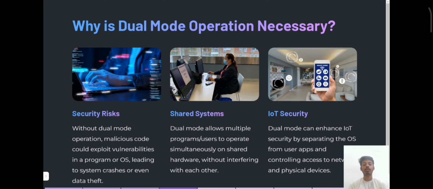And shared system: dual mode allows multiple programs to operate simultaneously on shared hardware without interfering with each other. And it is even necessary for IoT security as well. Dual mode can enhance IoT security by separating the OS from user apps and controlling access to network and physical devices.